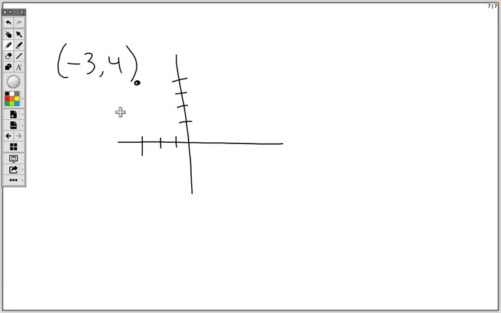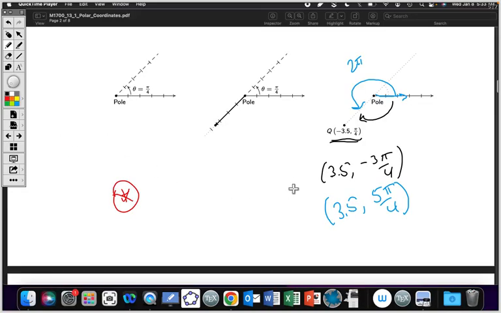Any other way to describe that point, x comma y, the x has to be negative 3, the y has to be 4. With polar coordinates, there's infinitely many ways to describe any given point because of coterminal angles and because of positive r values and negative r values.